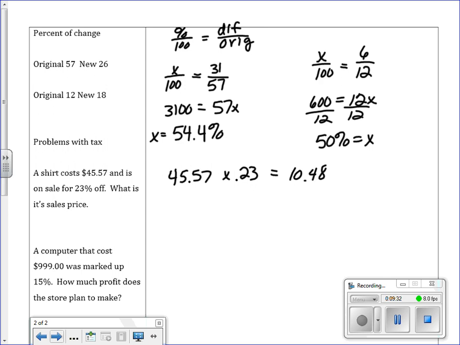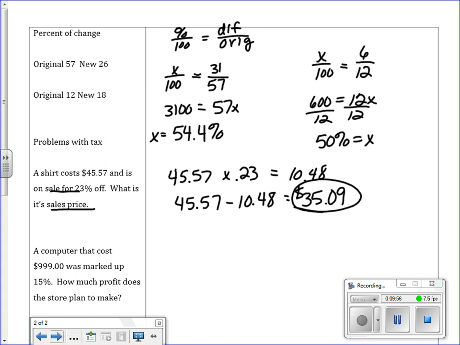And it says, what is the sale price? So that $10.48, I'm going to be taking away from $45.57. And I'll end up with a new price of $35.09.